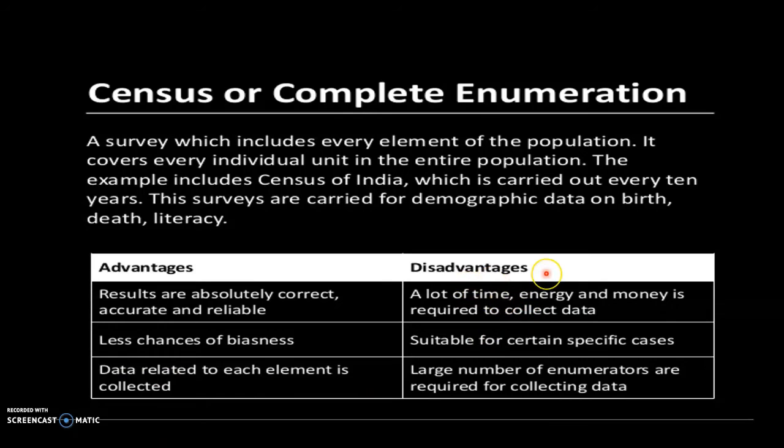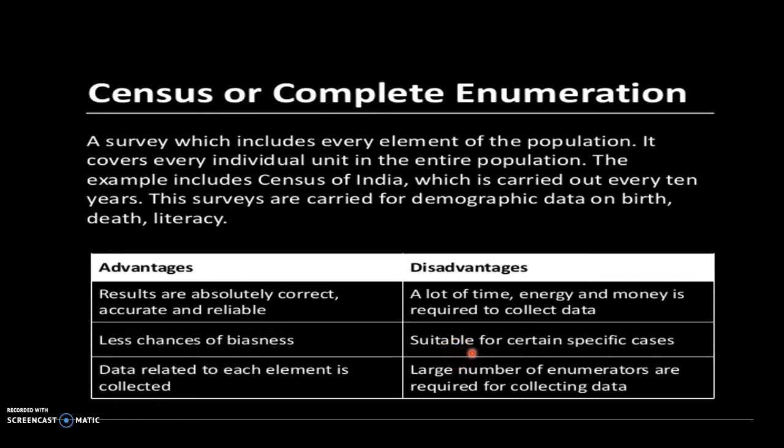Then disadvantages. It takes a lot of time because it covers the entire population of the country. Then energy and money is required to collect data. For the census of India, the Indian government spent a lot of time, energy and money to collect the required data from the entire population.